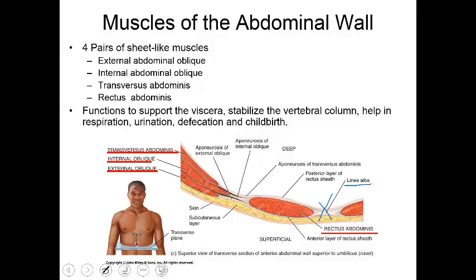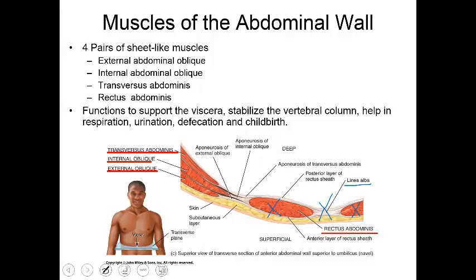Now on either side of the linea alba, we have rectus muscles. We have 4 pairs of them, so 4 rectus abdominis muscles on either side of the linea alba. They're called rectus muscles because they are parallel to the median.